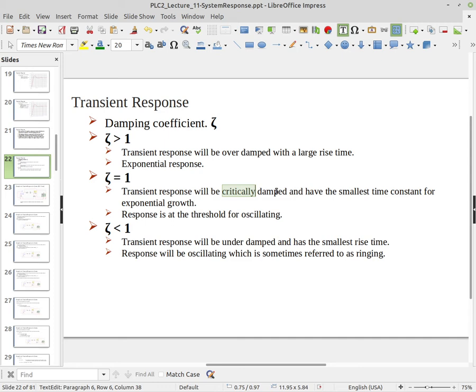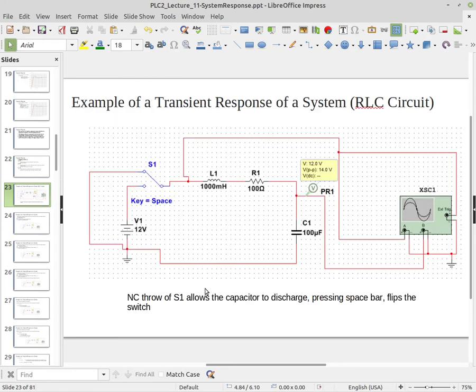It means that the system is going to rise up to its final value without any oscillations, without any overshoot, as fast as it could possibly go. So that is zeta equals 1. And if zeta is less than 1, then the system is under damped, and you're going to have overshoot and oscillations in the system, meaning there's very little resistance.